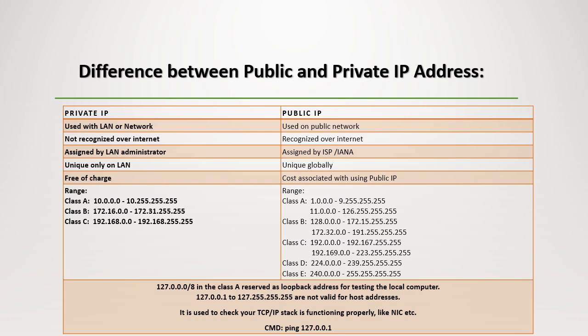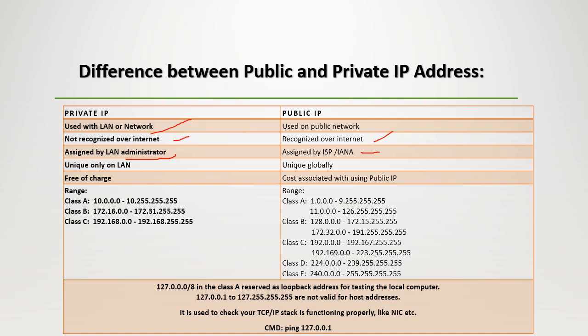And if you see here the difference between private and public, as we know, public is a unique IP over the internet. Private is used only within the LAN connection, and this IP address is not recognized over the internet. It's only this public IP that is recognized over the internet. Over the internet, each device has a unique public IP. Who assigns the private IP? Your LAN administrator. And who assigns the public IP? Your ISP.